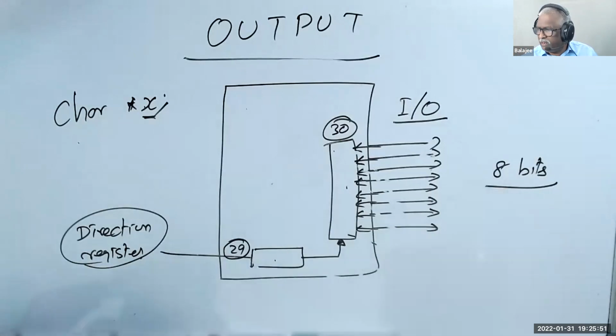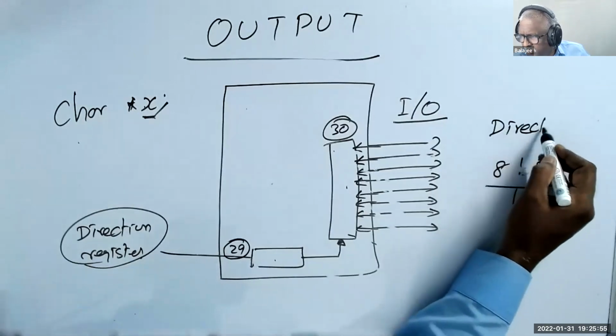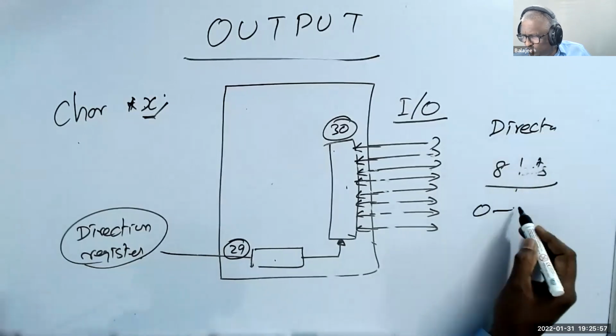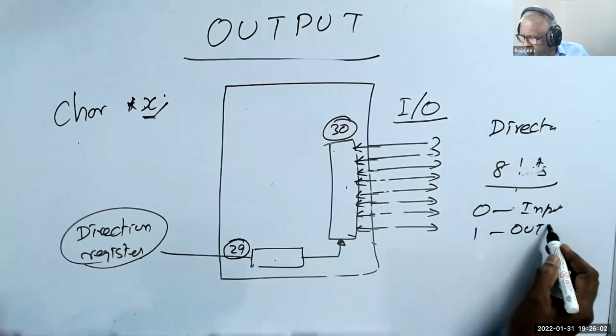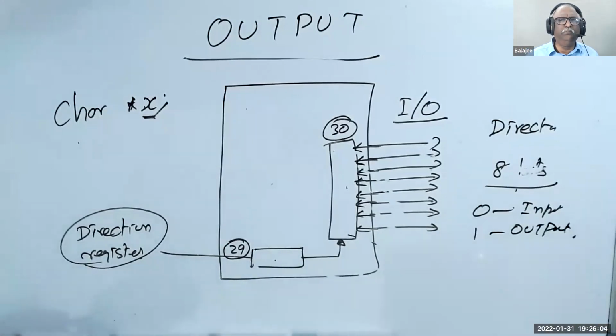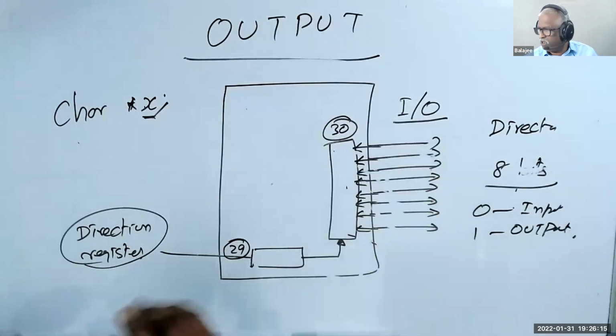Now, for these 8 direction bits, 0 means input, 1 means output. Understand now? If I want to use all 8 pins as output, output means 1.